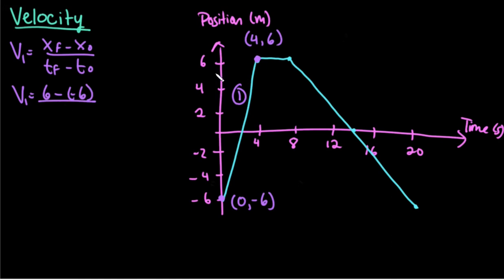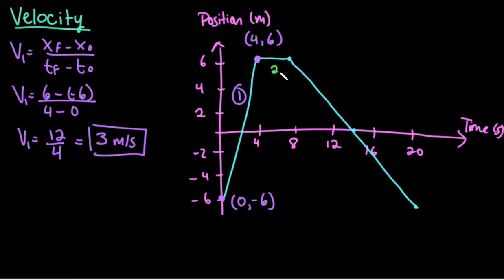And then from here, I have my time. My final time is 4 seconds, and I'm subtracting my initial time, which is 0 seconds. So in the end, when we do this top calculation, I have 12 over 4, which when divided gives me 3 meters per second. So that is my velocity in my first section.